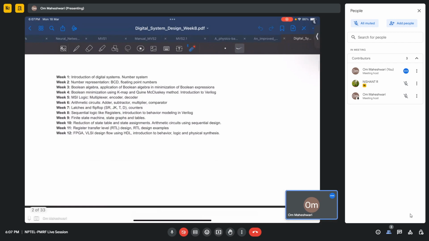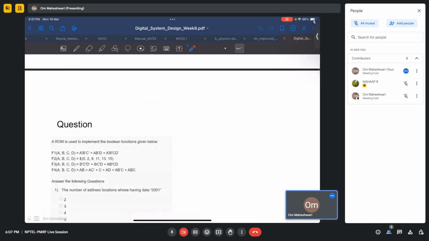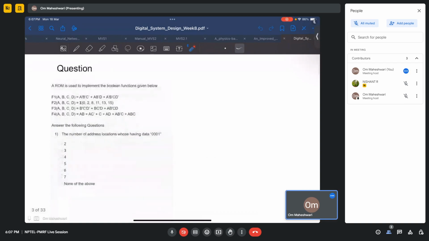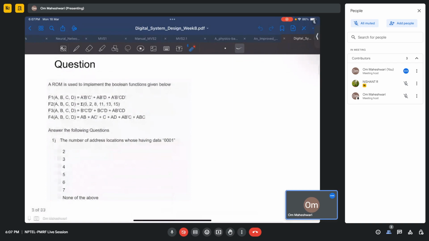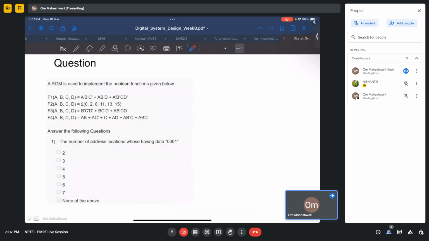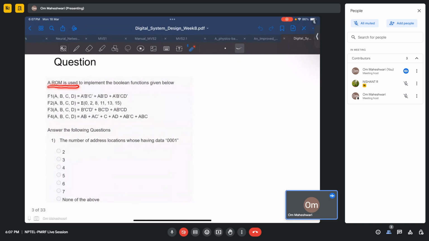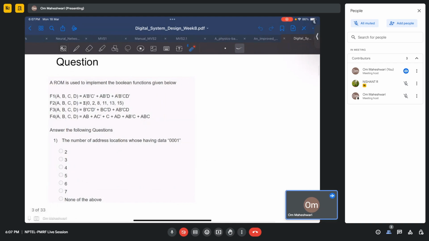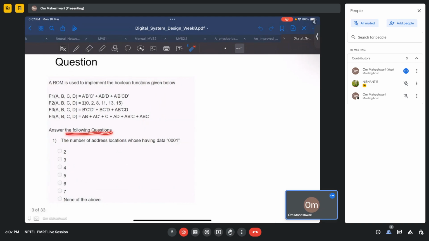So let us start. The question says that a ROM is used to implement the Boolean functions given below. These are the four functions that a ROM has to implement. The number of address. Then we have to answer some questions.